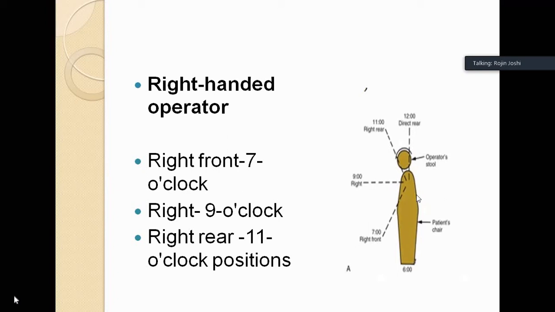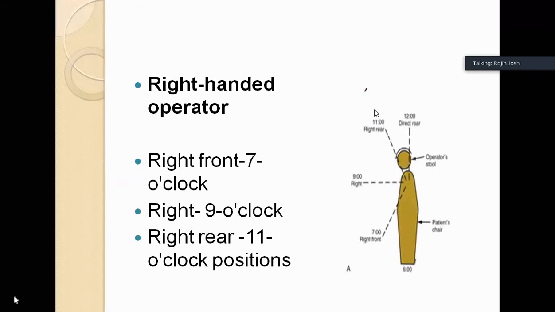Okay, this is the right front position. This right front position is the 7 o'clock position. It corresponds to the clock that you wear, the wall clock, or a watch that you wear on your hand. Then we have the 9 o'clock position, which is the right position.